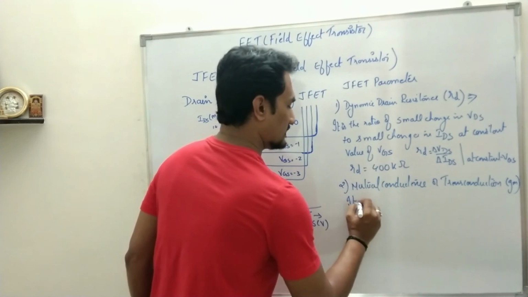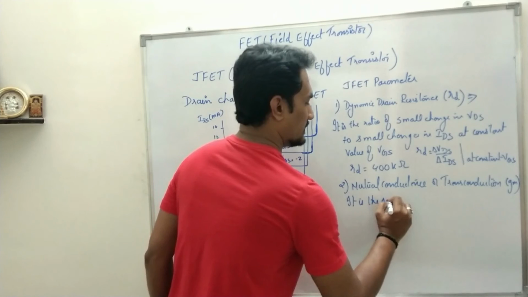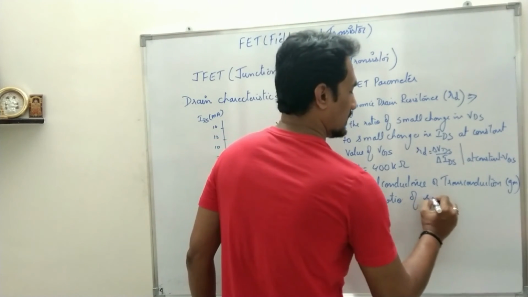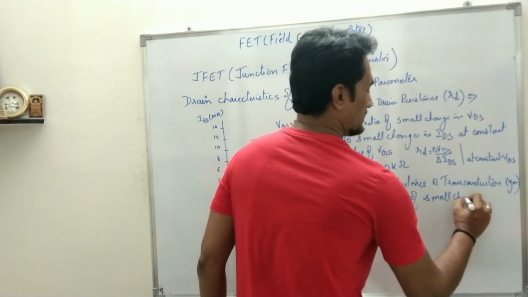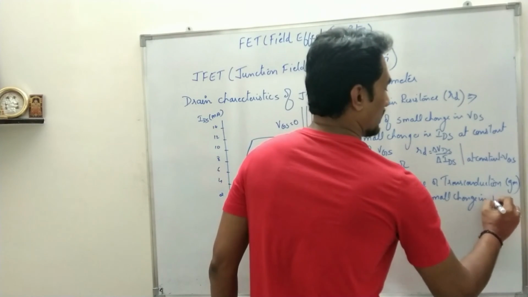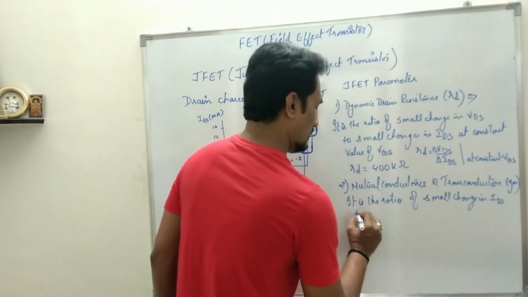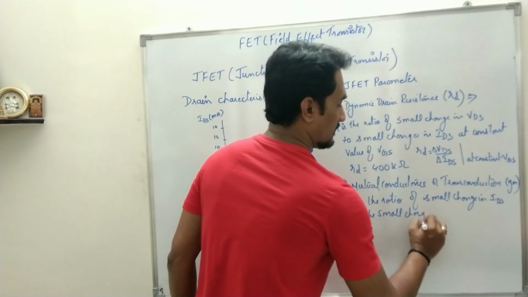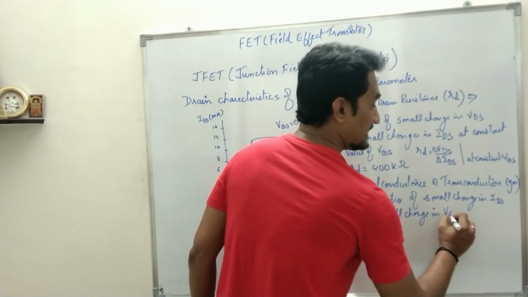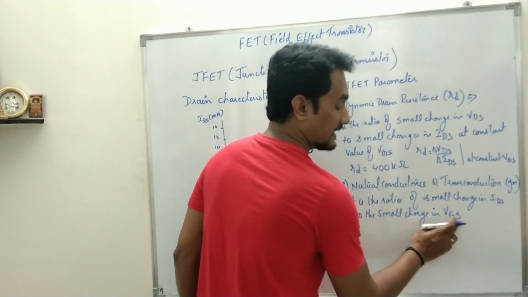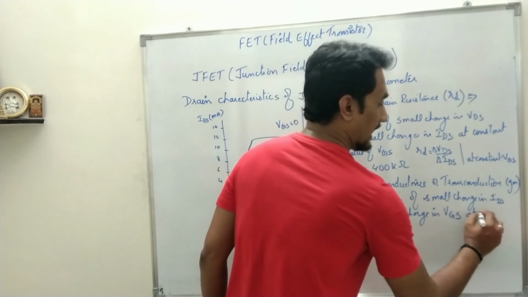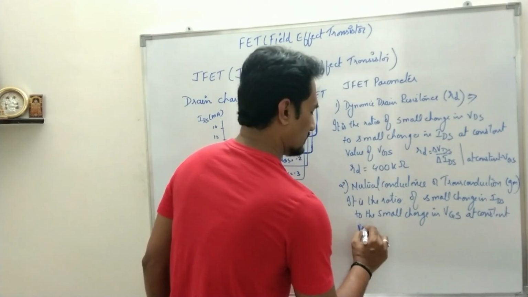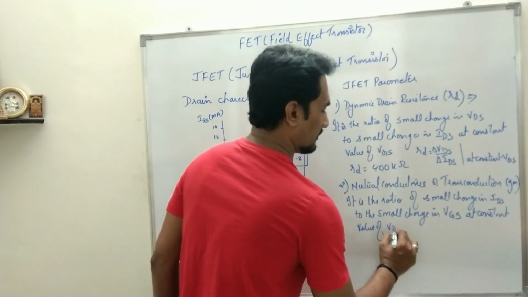It is the ratio of small change in IDS to the small change in VGS, that means gate to source voltage, at constant value of VDS.